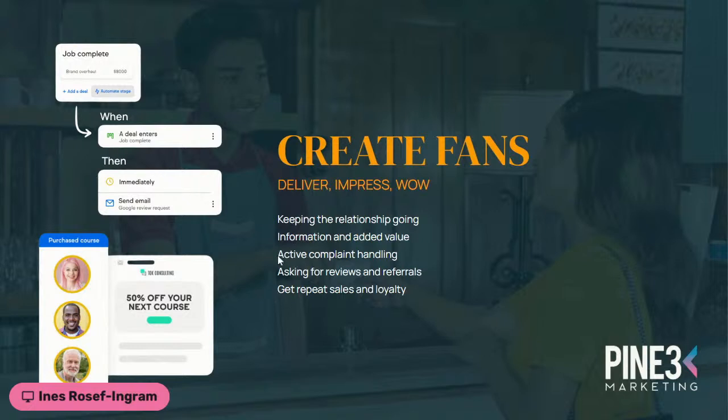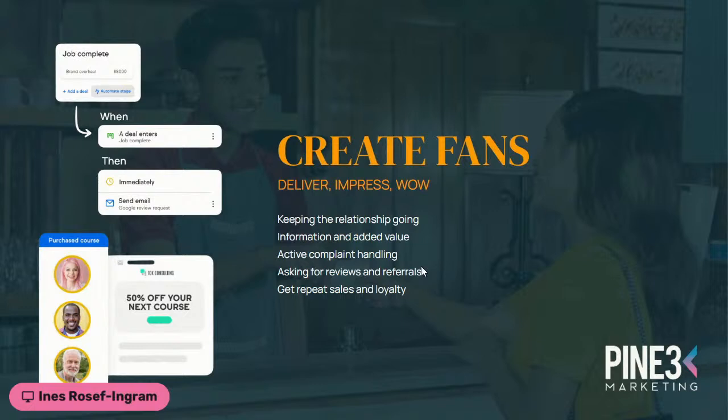We can have active complaint handling. We can ask people if they are happy or unhappy. And if they're unhappy, we immediately have someone from our team contact them and make sure that impression is corrected. Asking for reviews and referrals, the example up here, when a deal enters job complete, immediately send an email for that Google review request.